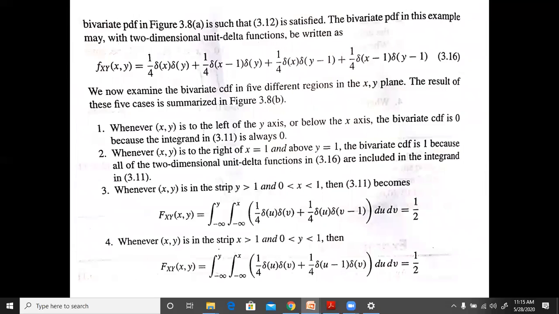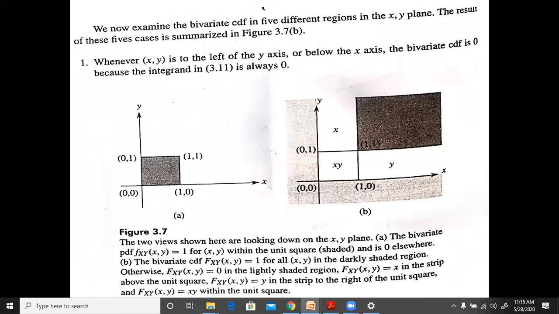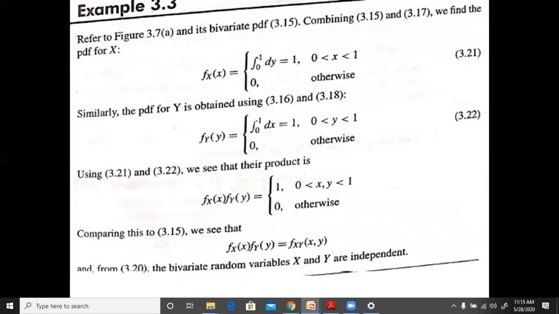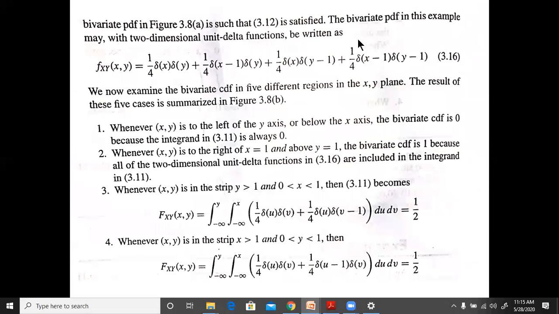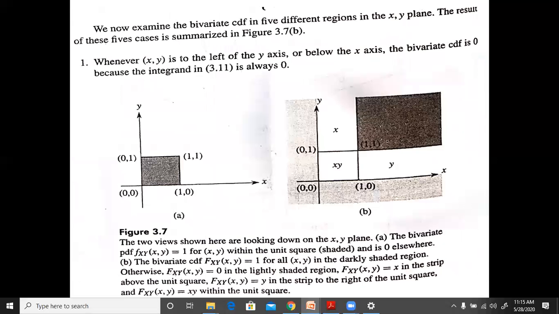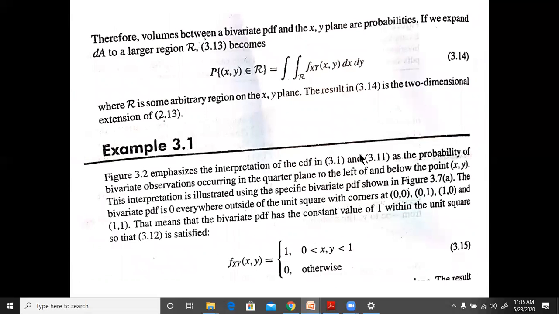So 3.7a is this figure. 3.15 is here, and this has to be substituted in 3.17.